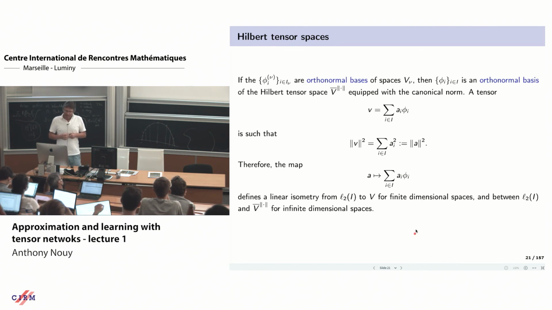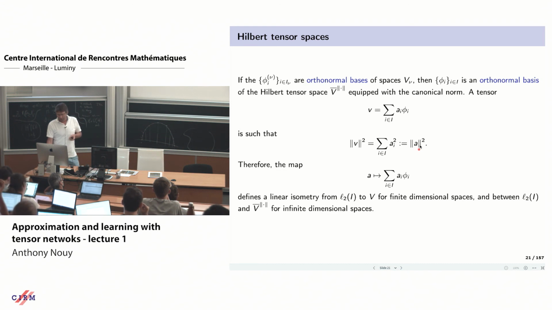Okay, so if you are in a Hilbert setting, and if the bases that you have are orthonormal bases of these Hilbert spaces V_ν, then the tensor product basis φ_i will be an orthonormal basis in your Hilbert tensor space, which is equipped with a canonical norm. And a tensor that admits this decomposition on the orthonormal basis is such that the square of the Hilbert norm will be the sum of the squares of the entries, which is the Frobenius norm of the tensor a of coefficients.